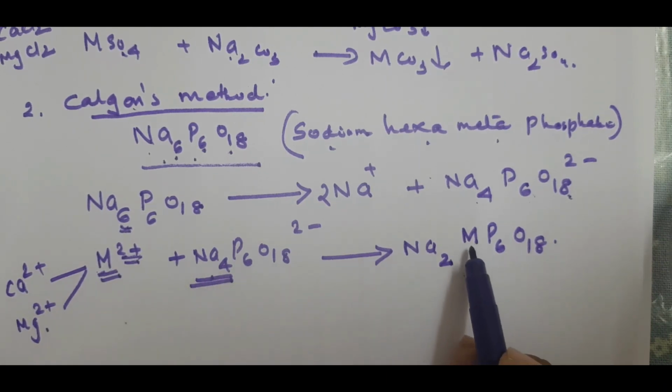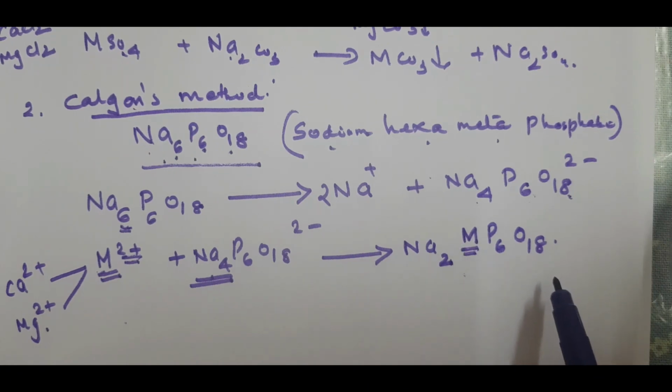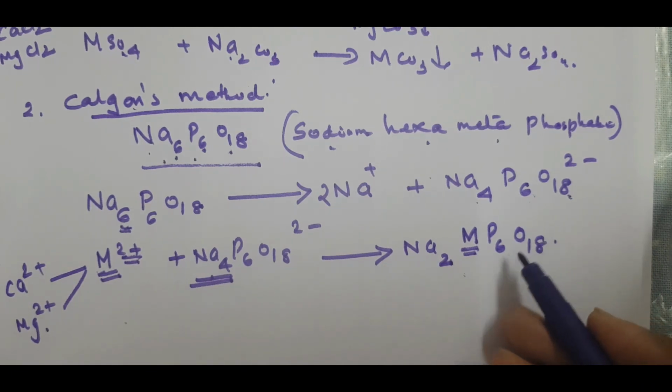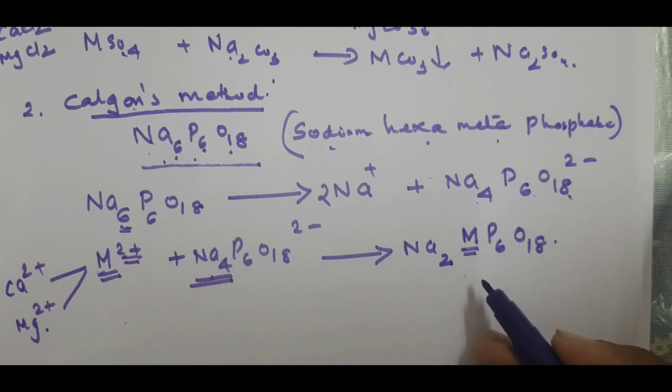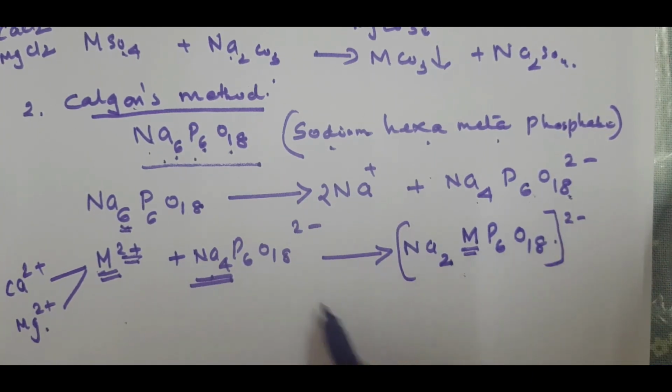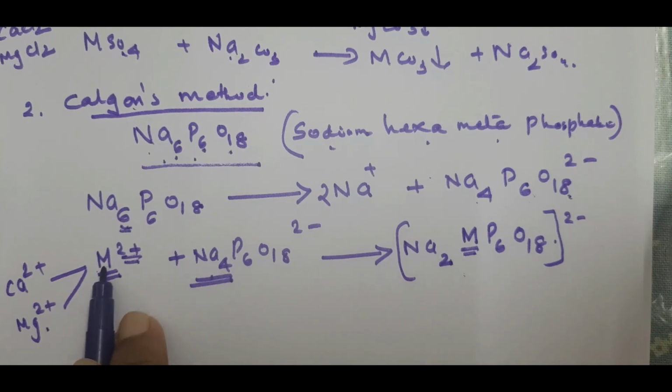Correct? 2 sodium goes for 1 calcium, because calcium is Ca2 plus but Na is Na plus. So, if we want to remove 2 Na plus, we can only add 1 calcium because of the charge. Okay.